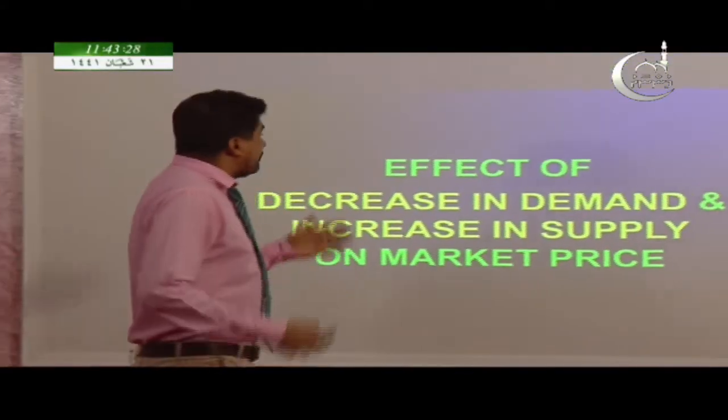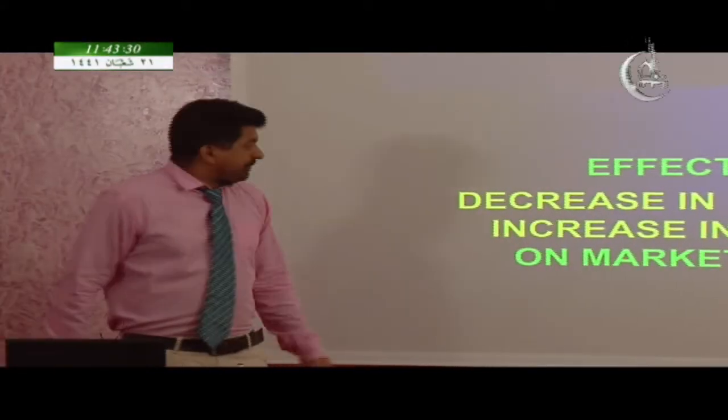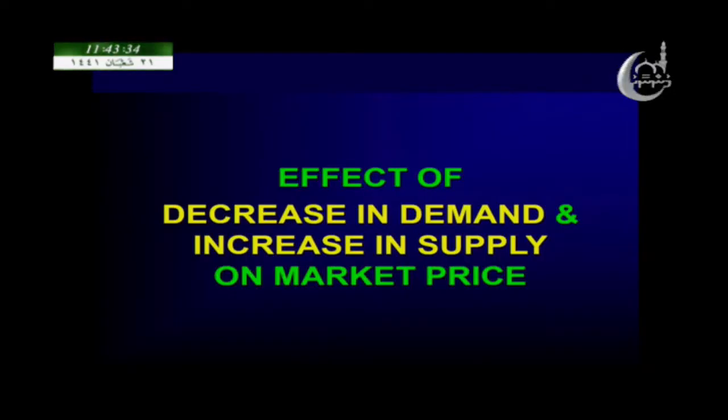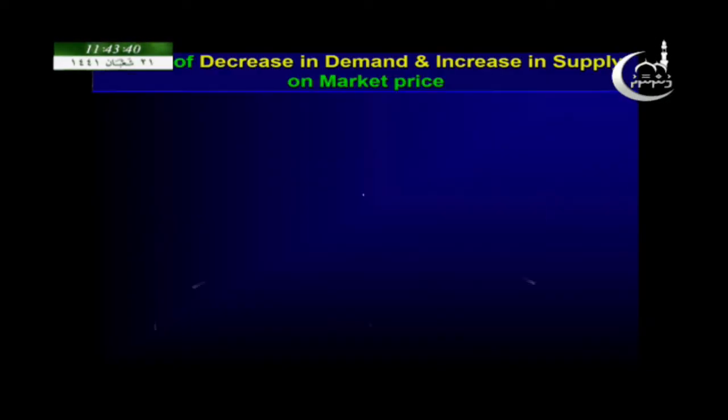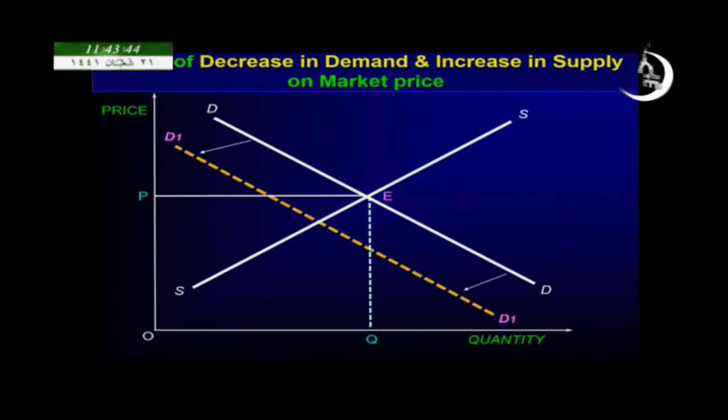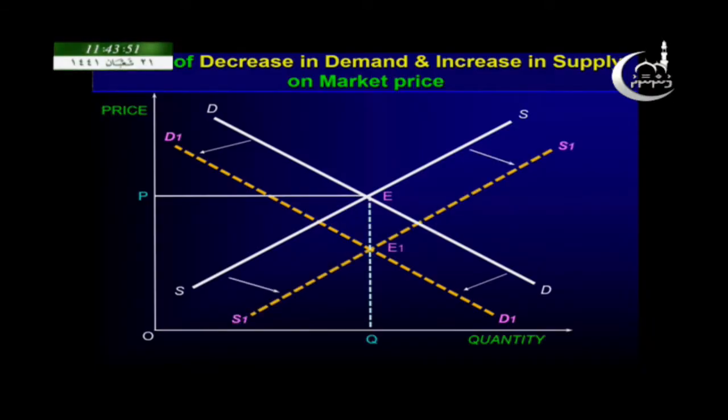And next, the effect of decrease in demand and increase in supply. Here the demand curve will shift to the left and the supply curve will shift to the right. Look at this initial equilibrium. The demand curve shifting to the left shows a decrease in demand and the supply curve shifting to the right shows an increase in supply.